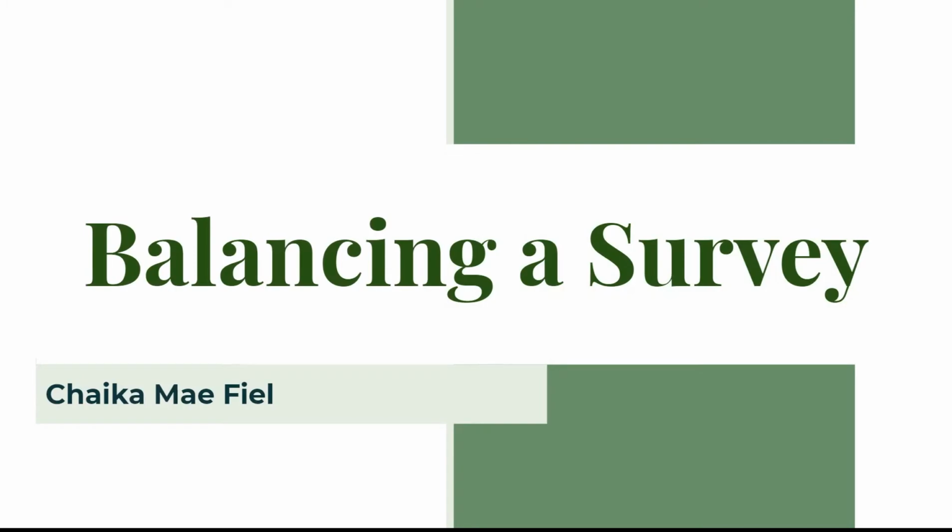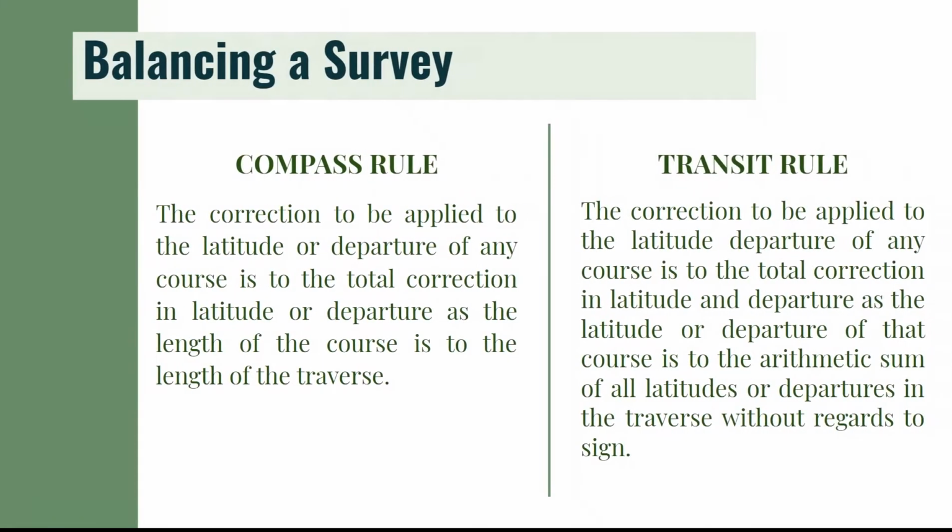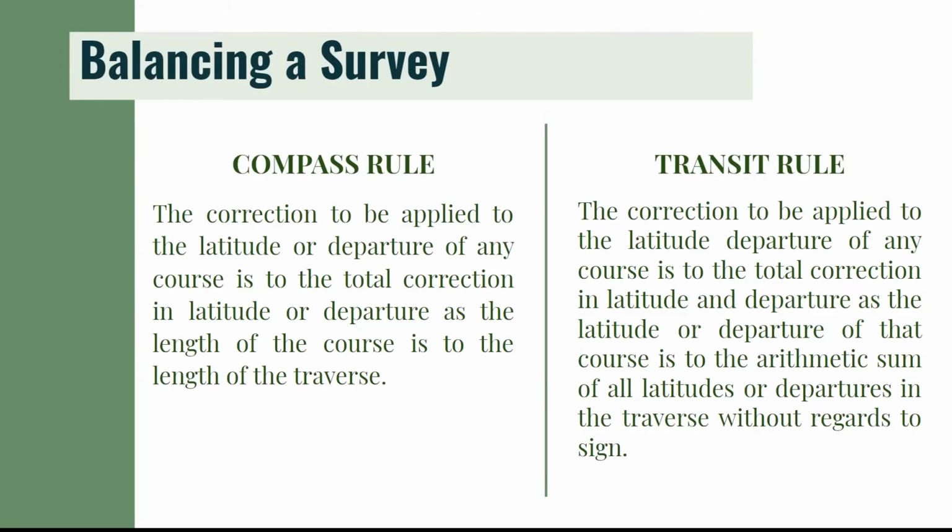So the next topic would be balancing a survey. In balancing a survey, there are two common methods. The first is the compass rule.